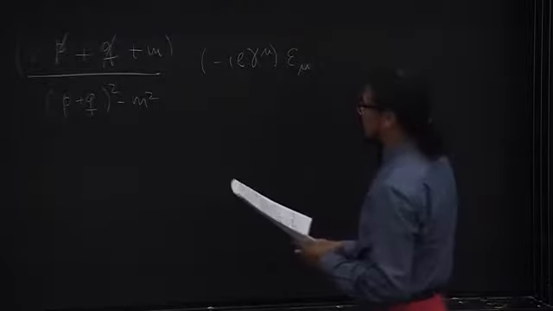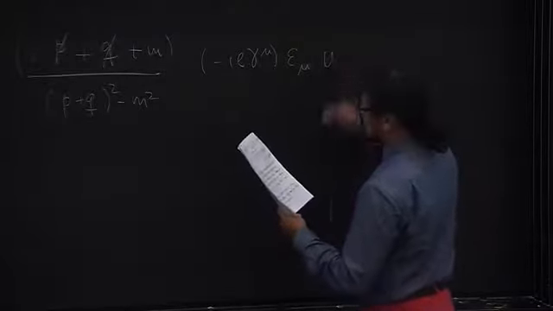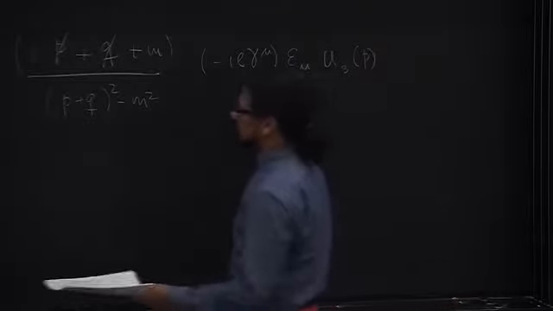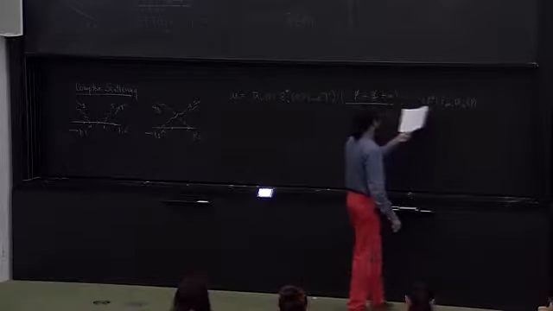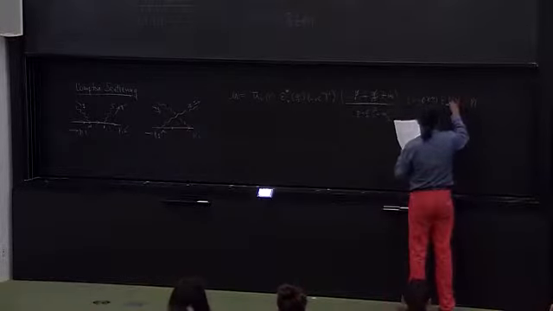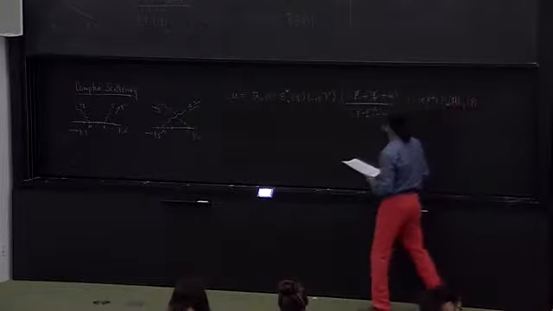And then we have an incoming electron, so we have a u^s(p). This whole thing is one matrix, one long spinor matrix, except for these polarization vectors.